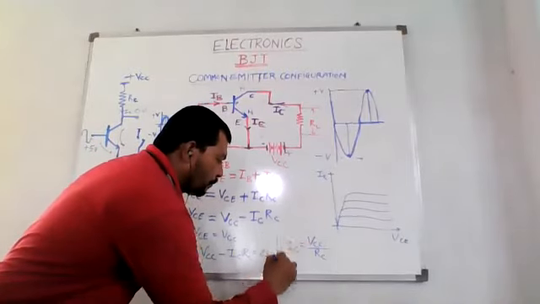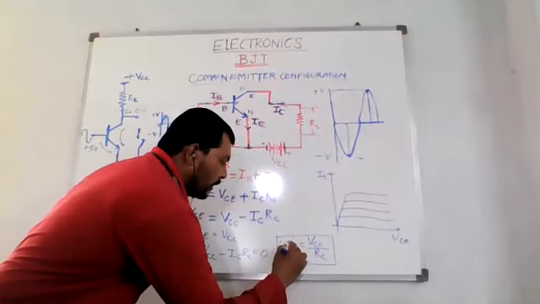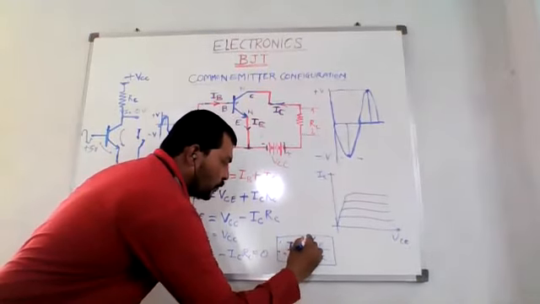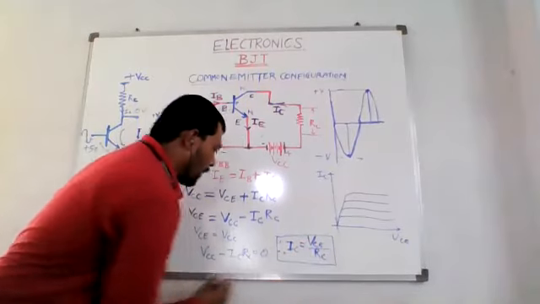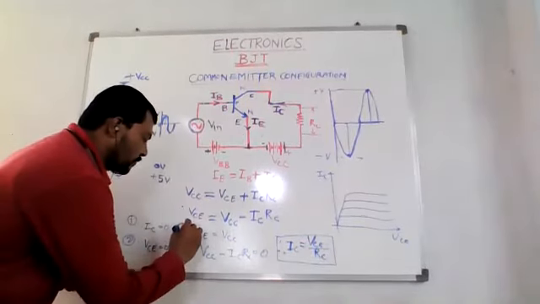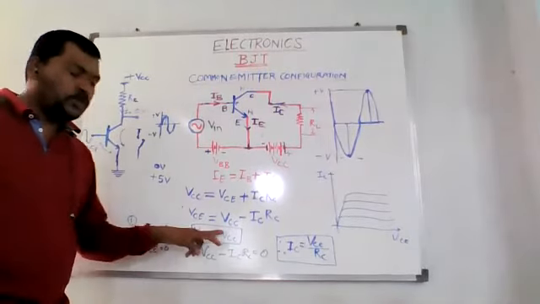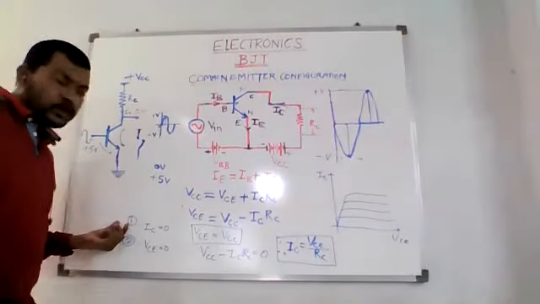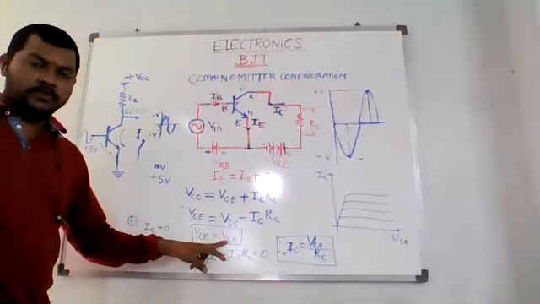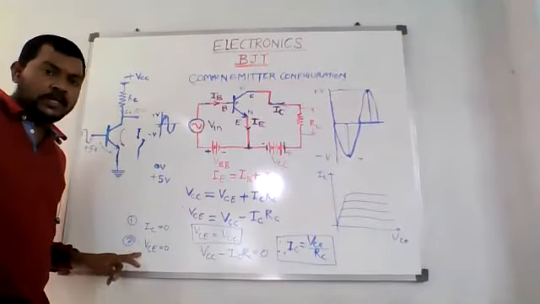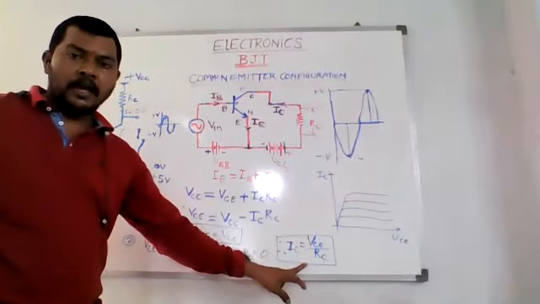So I have 2 points: when IC equal to 0, VCE equal to VCC. When I put VCE equal to 0, then I get IC equal to VCC by RC.